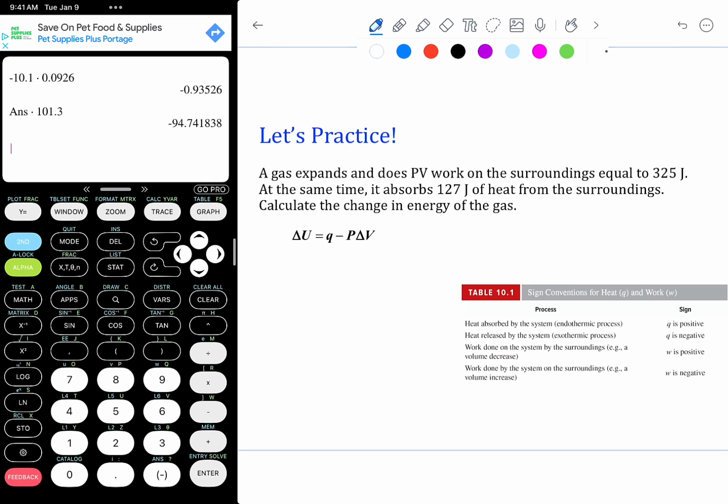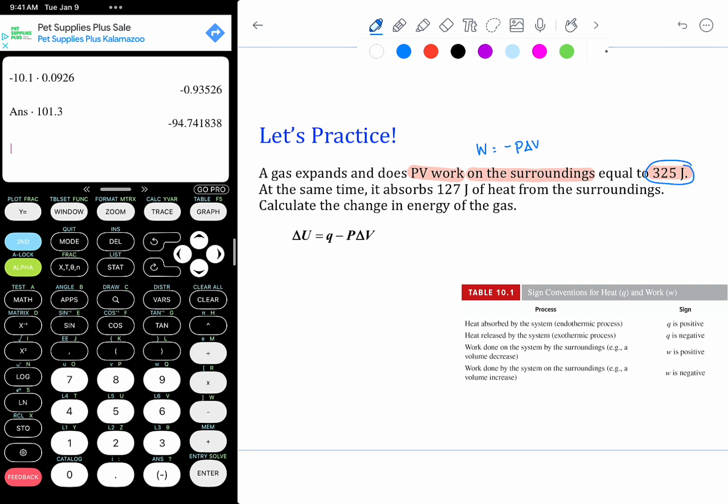So let's look at the language of this problem. This one says it does PV work on the surroundings, which is equal to 325 joules. Since we're already in units of joules, we know that that is just our work value. So work is equal to negative P delta V, okay? Now, unlike our previous problems in our previous lesson, our sign for work is going to be dictated strictly by the number that is given in the problem.